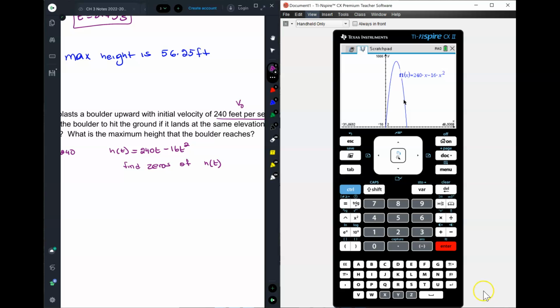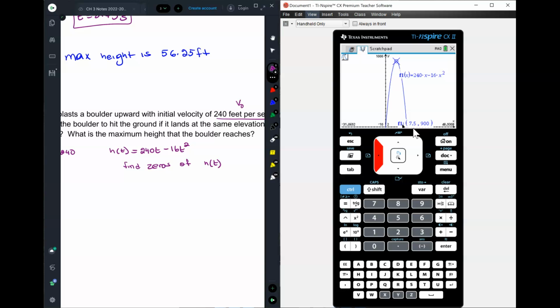Okay, so if I do menu, let's do trace this time. Look at where it is, right? It's up there this time. So if I move it left a little bit, look, that's the maximum. 7.5 and 900. What does that mean? What's this 7.5? Oh, like the distance they travel.